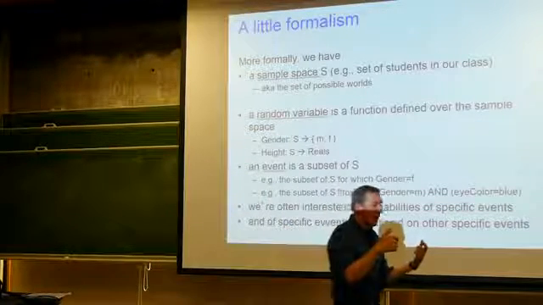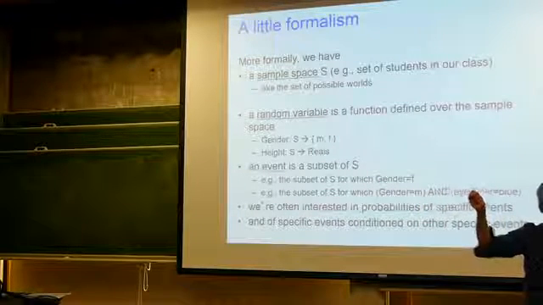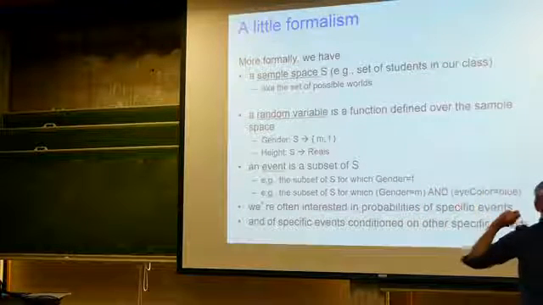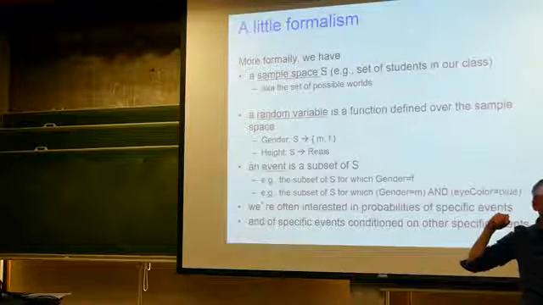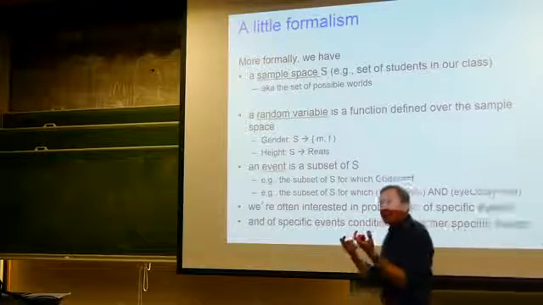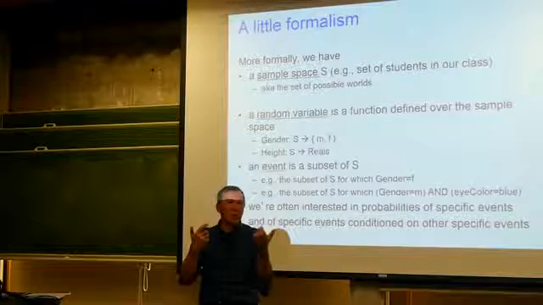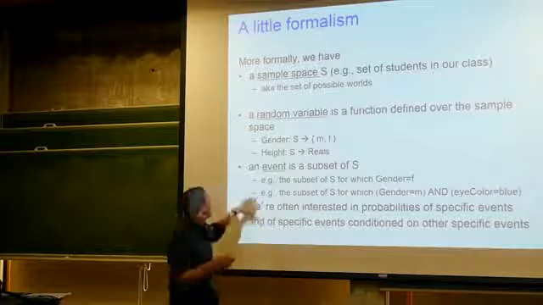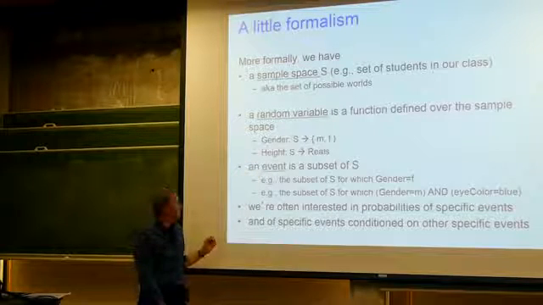If I had two random variables, A, female or male, and B, blue eyes or not, then I can also define complex events like A and not B, a female without blue eyes. More generally, events are subsets of the sample space.